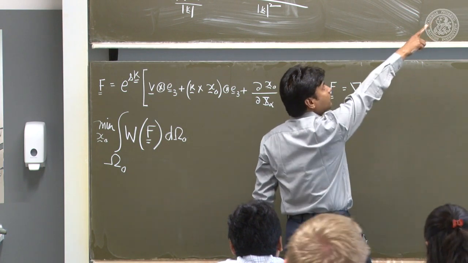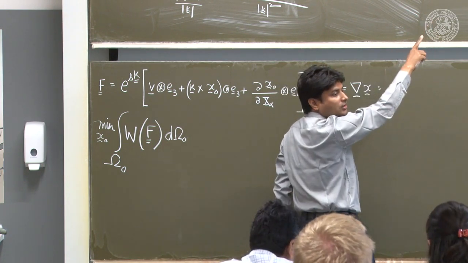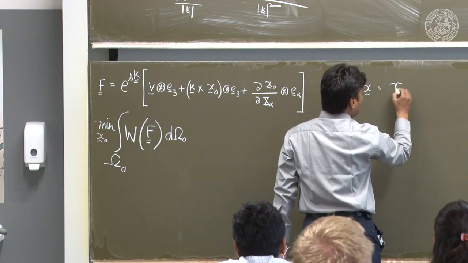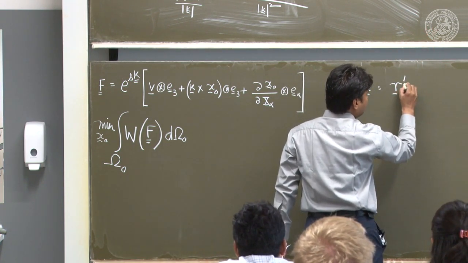So, the first term, little r of s, is only a function of s. So, it becomes little r prime tensor product E3.